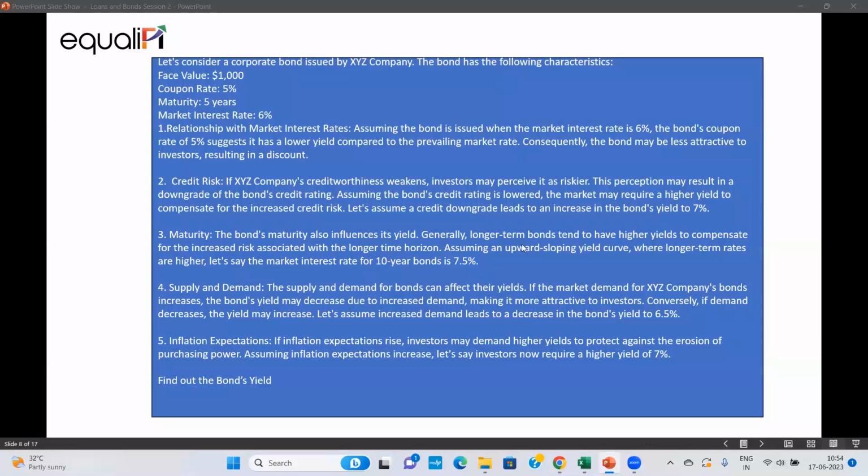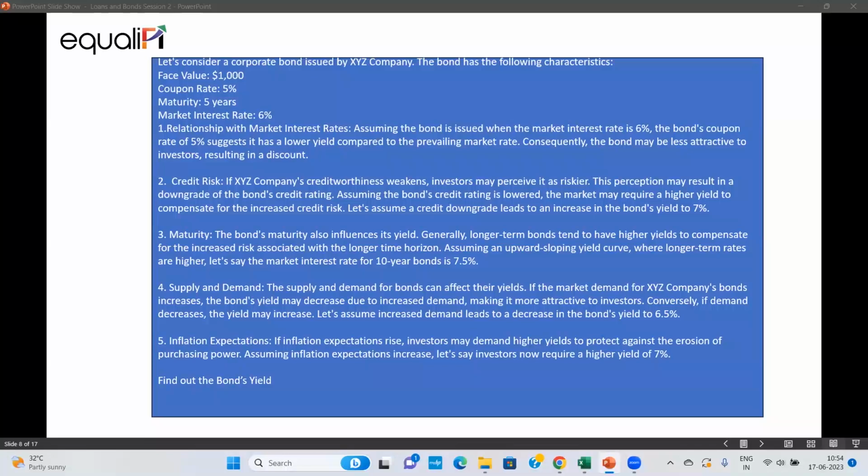So maturity risk is basically when it is for a longer term, it tends to have a higher premium. See, you can invest for a short term, you can invest for a long term, right? There are two options. Now, when you invest for a longer term, for 10 years, 20 years, there can be a lot of fluctuations which you don't know.